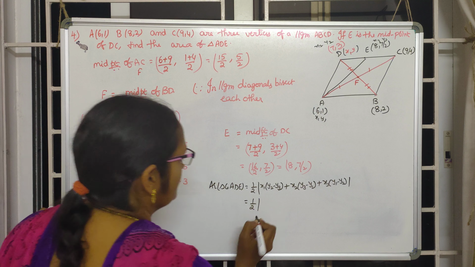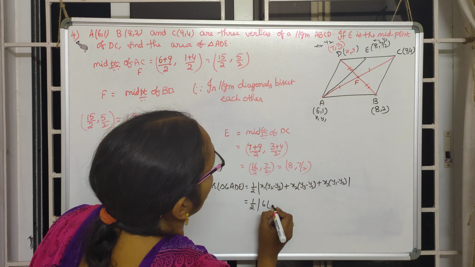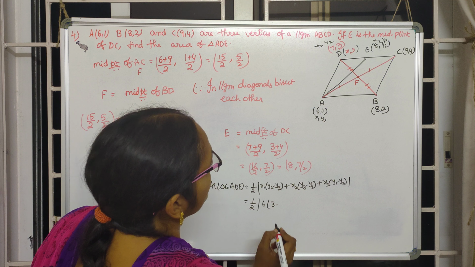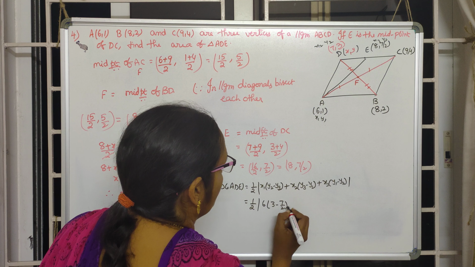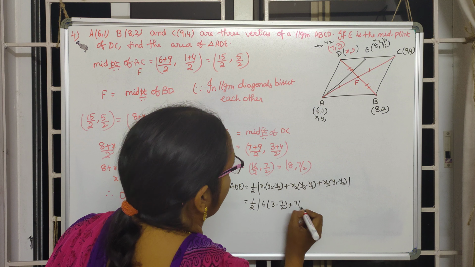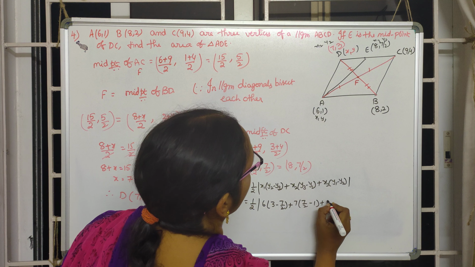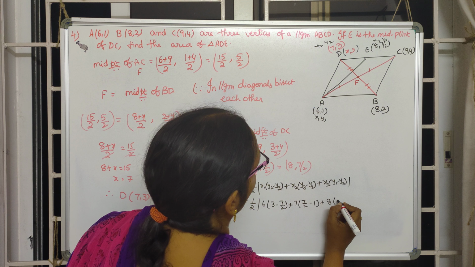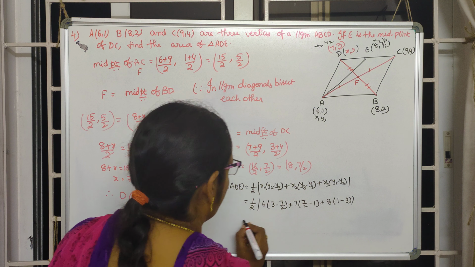Half modulus of x1 is 6, (y2 3 minus y3 7/2), plus x2 is 7, (y3 7/2 minus y1), x3 is 8, (y1 1 minus y2 3).